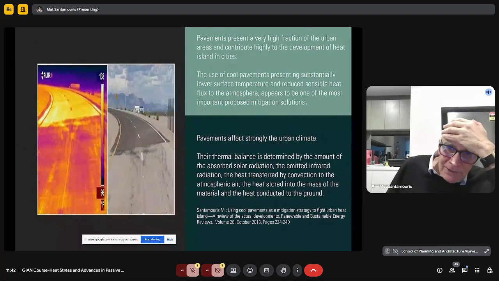So pavements are really the best clients of this kind of coatings. And the thermal performance and the thermal balance of these materials is really determined by how much heat is absorbed, how much heat is reflected and how much heat is emitted.